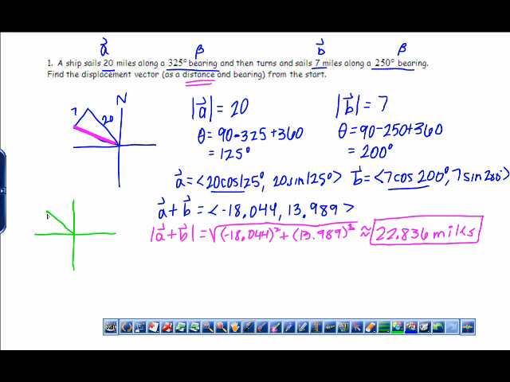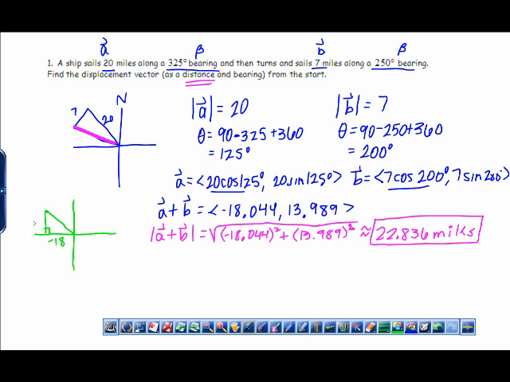If you think about it, I know that I'm in this quadrant not just because of my original problem, although that was a good idea. I really know that I'm in this quadrant because the horizontal component is negative 18 about, and the vertical component is positive 14 about. Okay, so I'm going to go ahead and write these numbers.